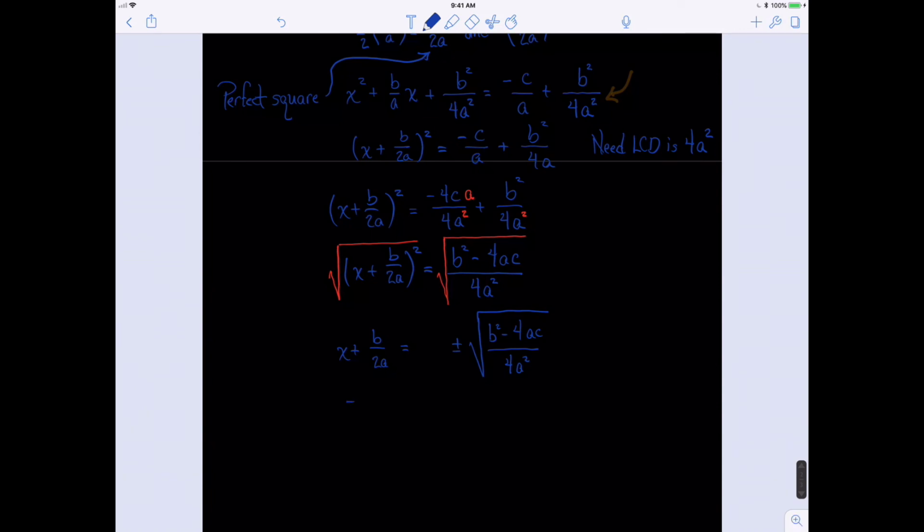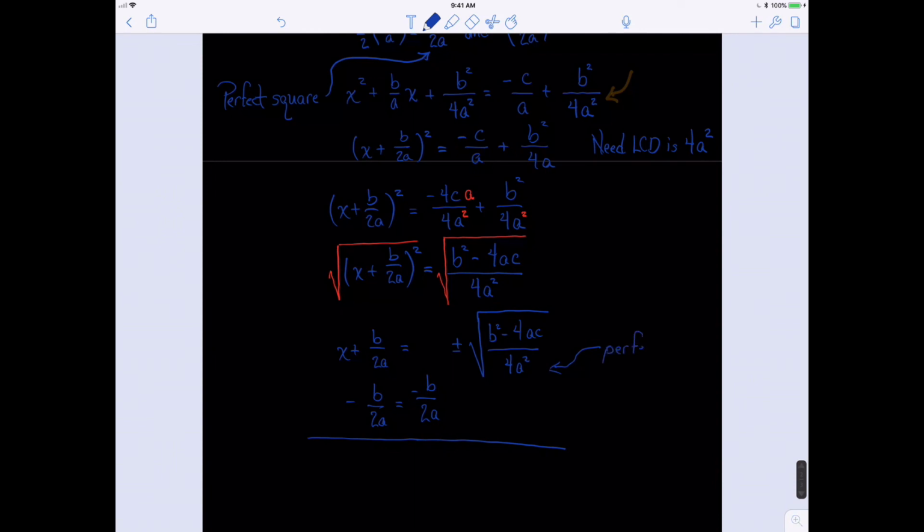Now we're going to do two things. One is we're going to subtract b over 2a from both sides. And we're going to simplify our radical a bit, because notice that 4a squared is a perfect square.